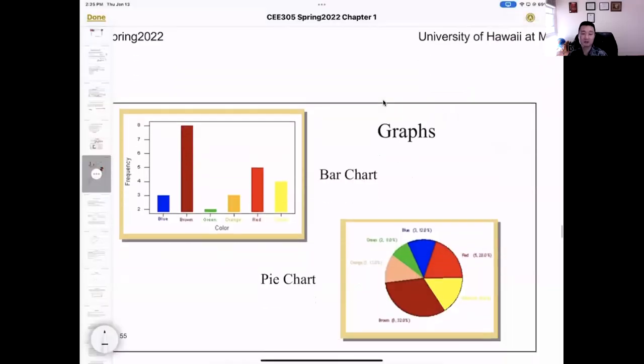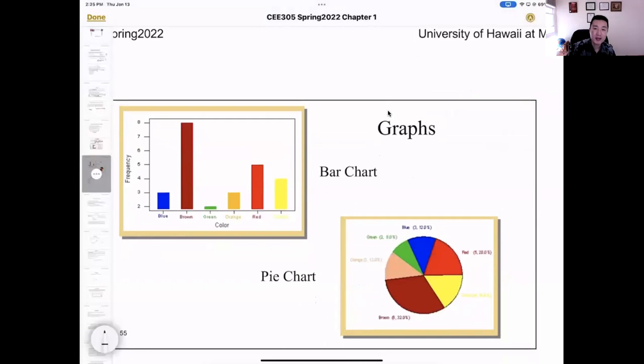We can see here, we can use a bar chart or a pie chart. The bar chart is the upper left. The x-axis shows different colors, 6 possible colors, and the y-axis shows the frequency. For example, red occurs 5 times. So that's a simple bar chart. Or we can use a pie chart.